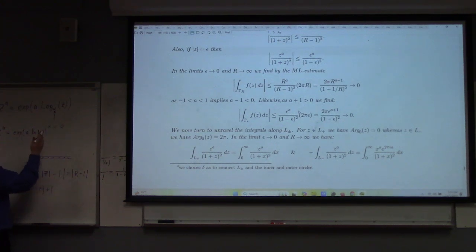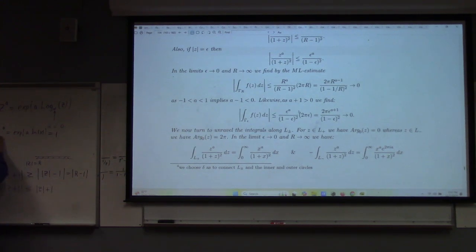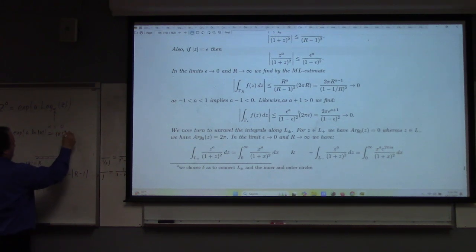There's no phase, the argument is 0, right? So this just literally works out to, I should write z to the a over here so it doesn't seem like I'm not doing anything. So this is for L plus.